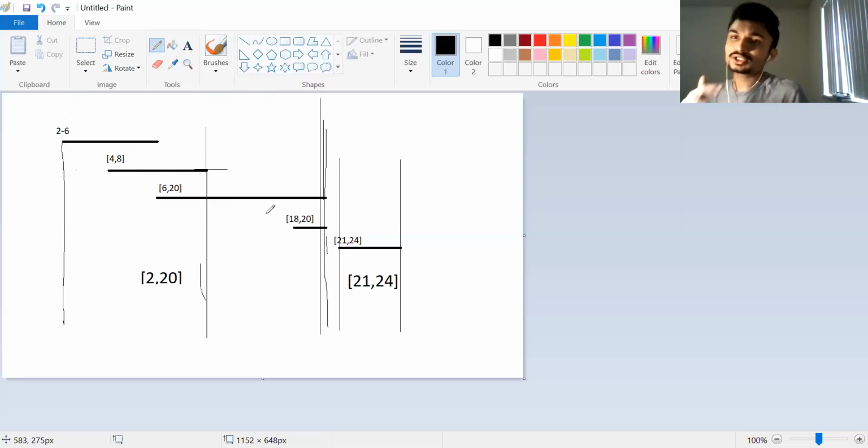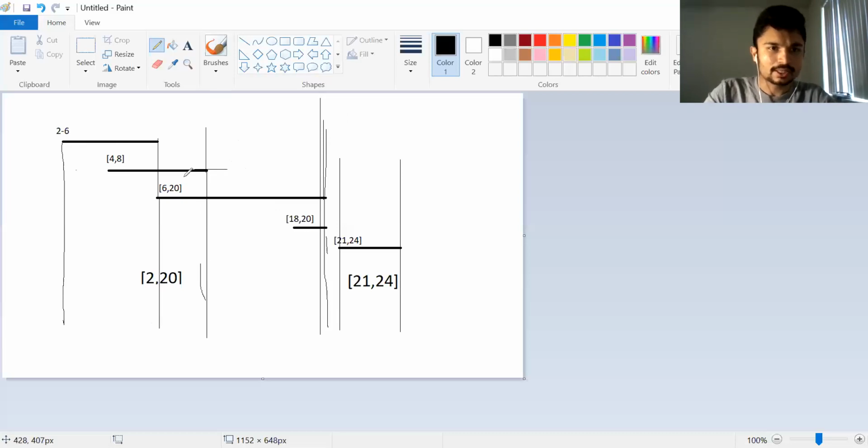Now when I go to the next interval, 6 comma 20, I check whether 2 comma 8, the cumulative overlap, is overlapping with 6 comma 20. This portion is 2 comma 8 and this portion is 6 comma 20, so they have an overlapping region, which is this particular region.